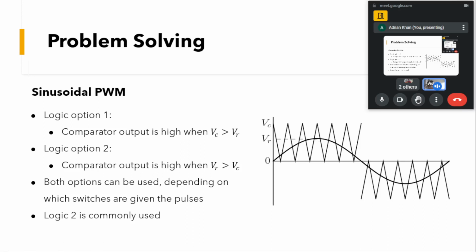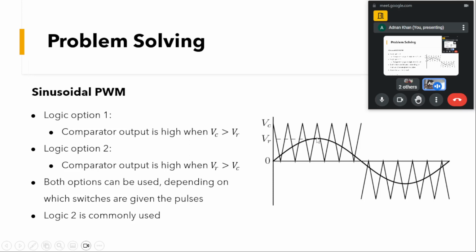The comparator will give us a high output voltage when this reference is higher than this triangular carrier. That is logic number 2.